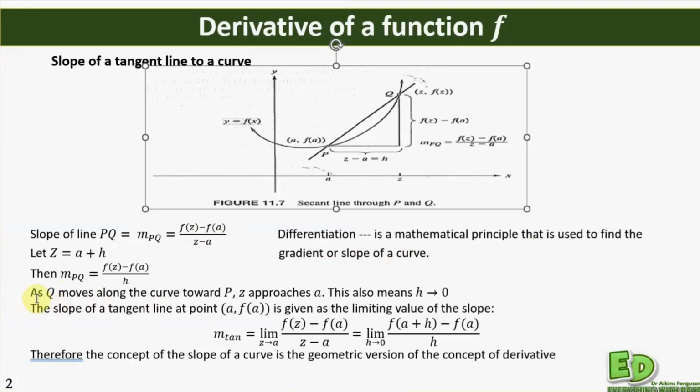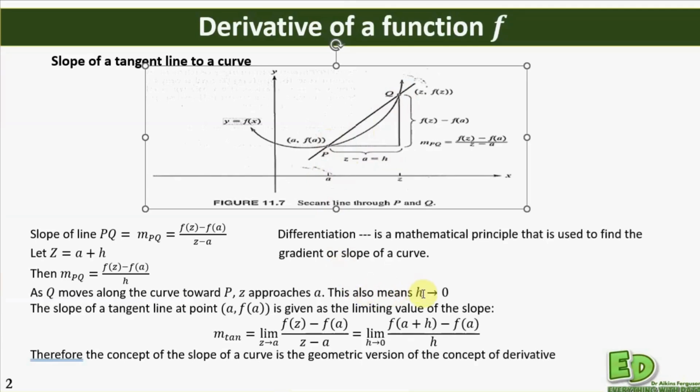So as Q moves along the curve towards P, Z approaches A. That's what they are trying to say.